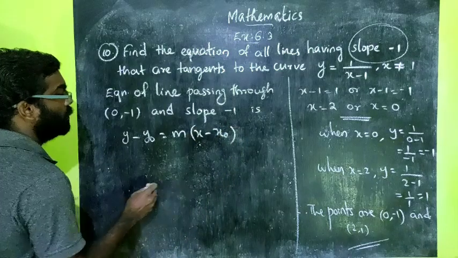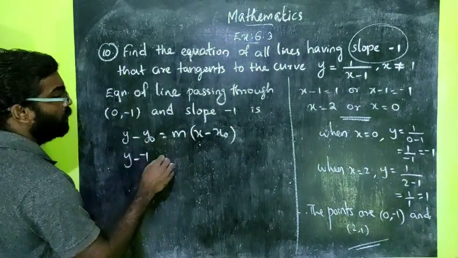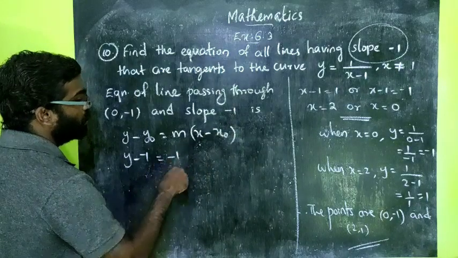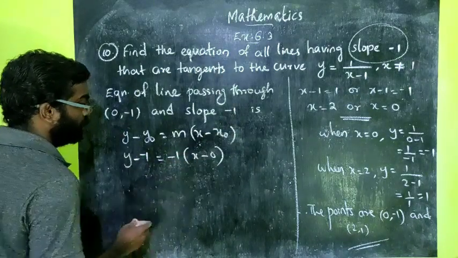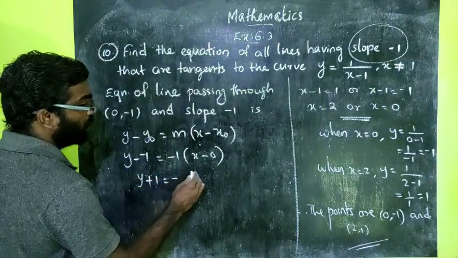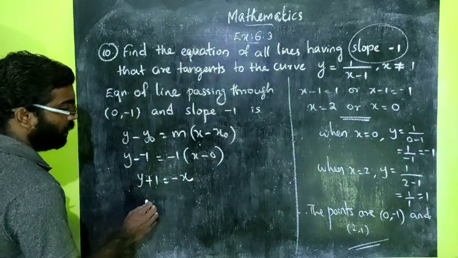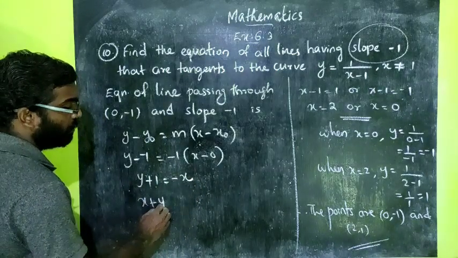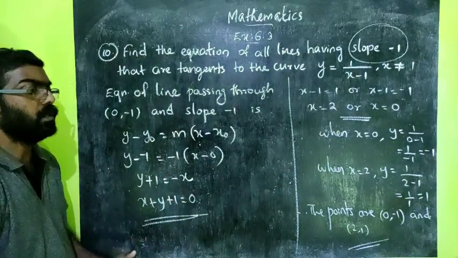We can replace the values, that is y minus minus 1 is equal to m, which is minus 1, into x minus x0, where x0 is 0. That is y plus 1 is equal to minus 1 into x, that is minus x. We can take this minus x to the left side, that is x plus y plus 1 is equal to 0. So this is one of the equations.